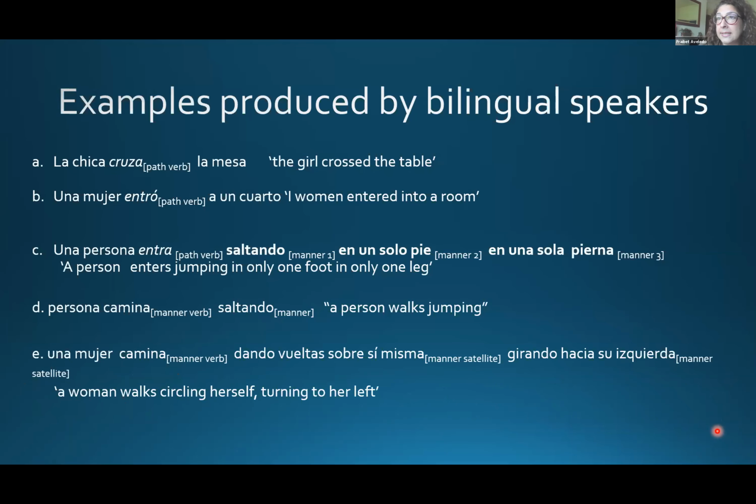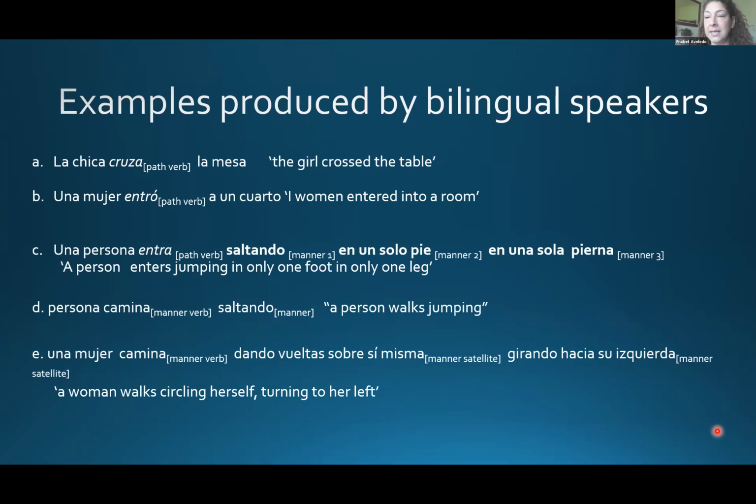It's true that maybe the type of stimuli that we used, in which some of the motion events didn't have a clear lexicon or a word to express that concept, could have made these speakers try to explain more what they were seeing.